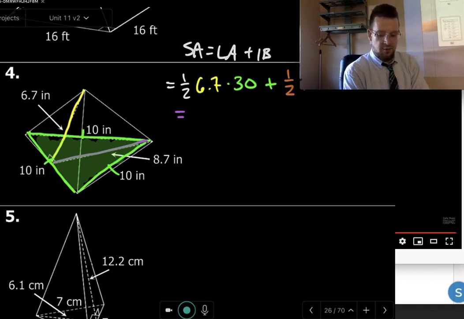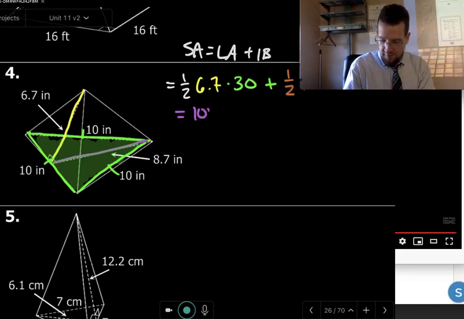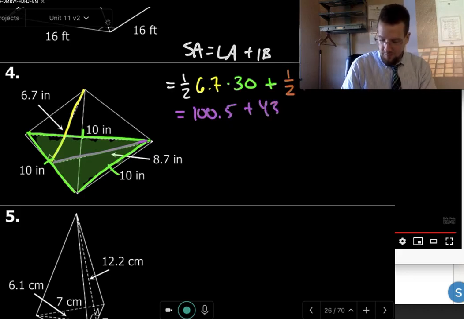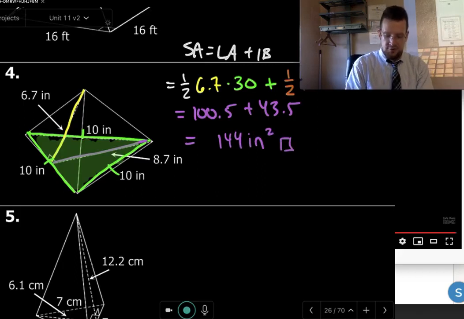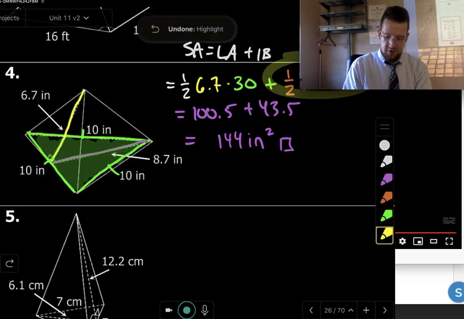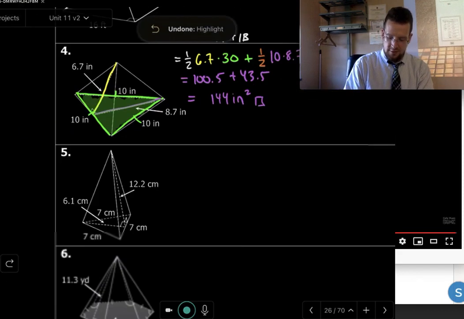Okay, so 1/2 times 30, that's 15. 15 times 6.7, I got 100.5 plus 43.5. This is 144 inches squared. So again, sometimes you'll have different bases. This one was a triangle. The height of the triangle is not the slant height. They're different. And so hopefully we can see that.